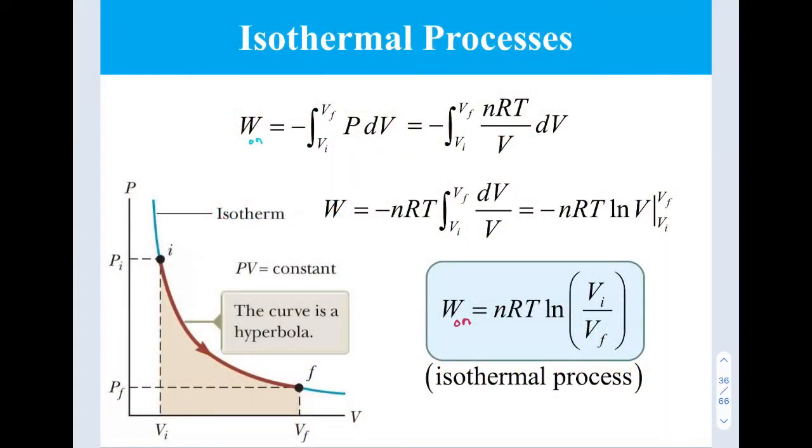Let's move to the work done within isothermal processes. Work done on the gas, as we know, is going to be the area under the curve on the PV diagram.